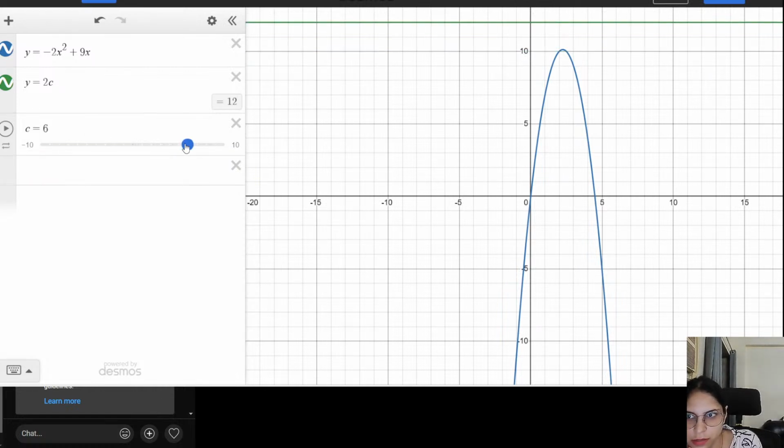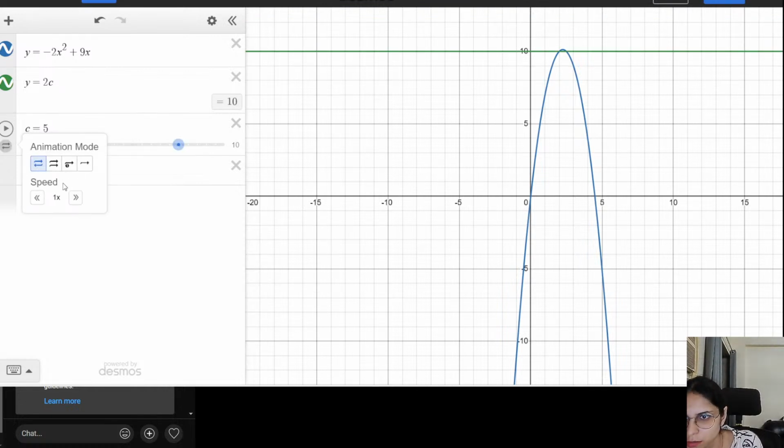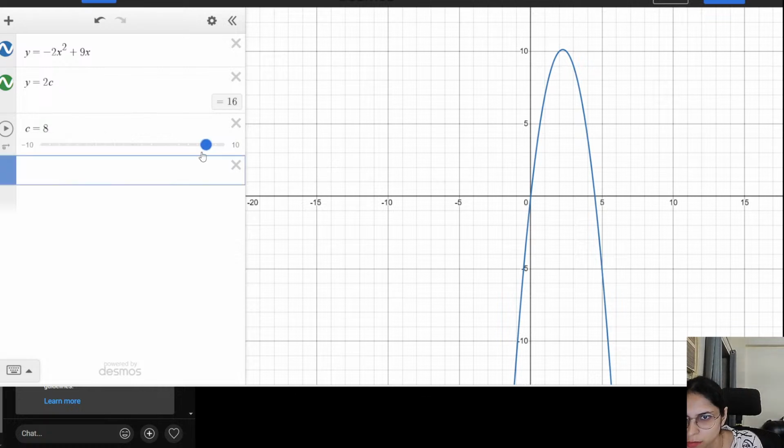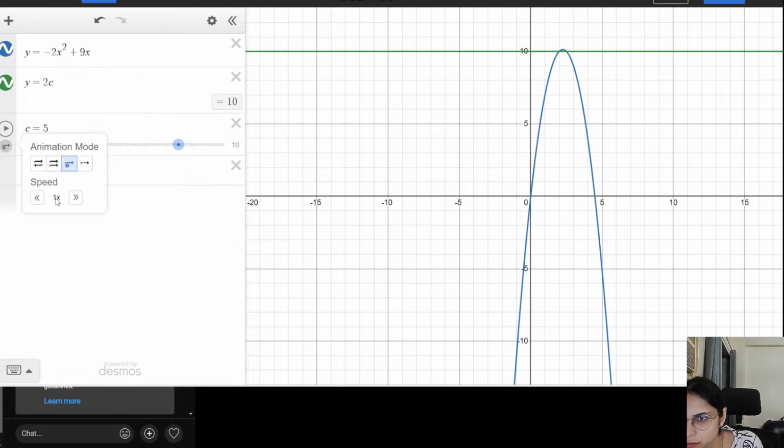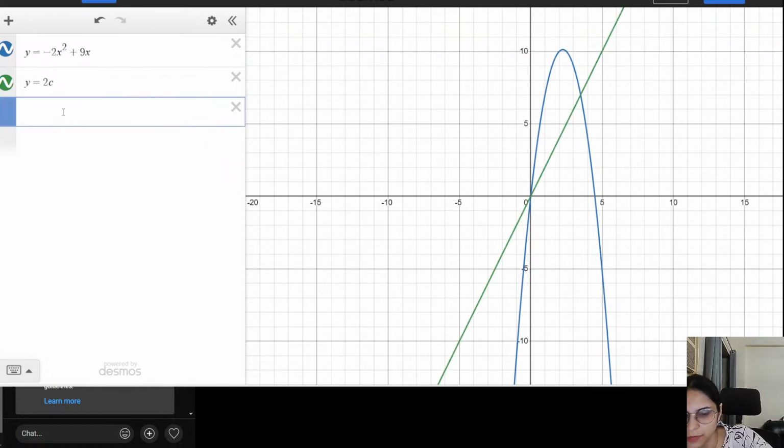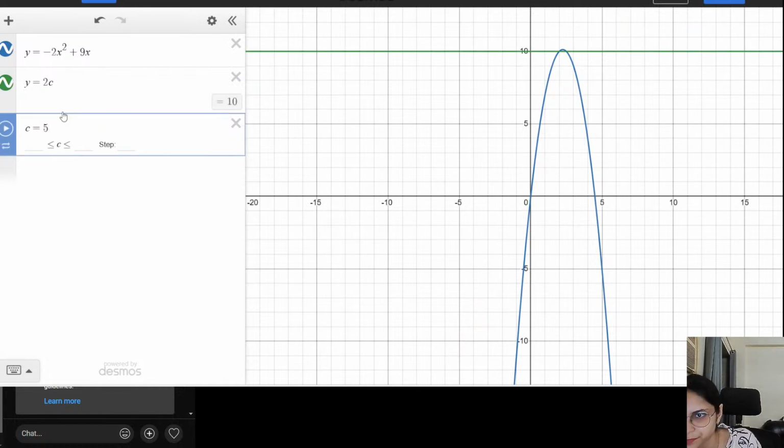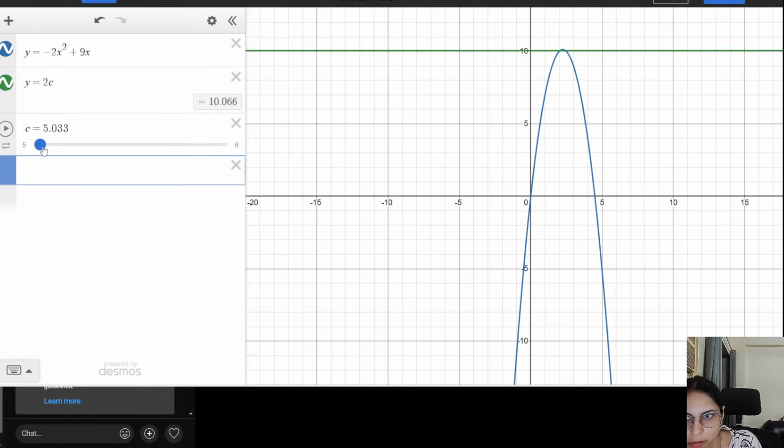So it's between 5 and 6. Again, I will write C is equal to 5. And we want it between 5 and 6 because we have seen that's where our answer is going to be. It's right over there.